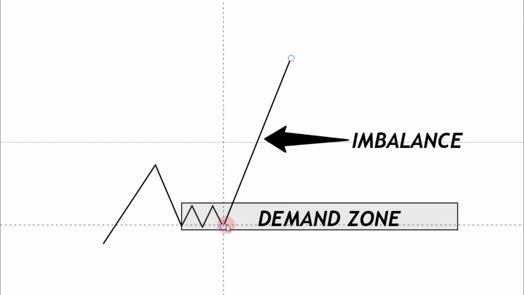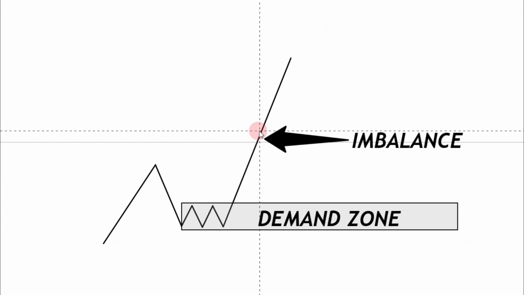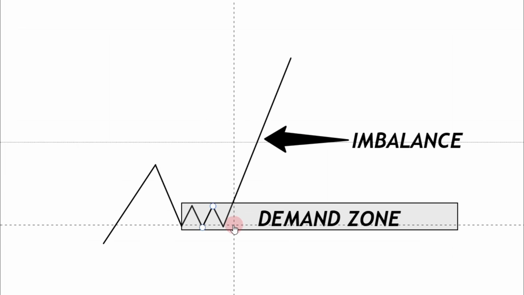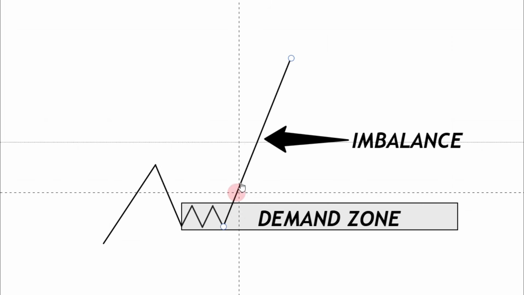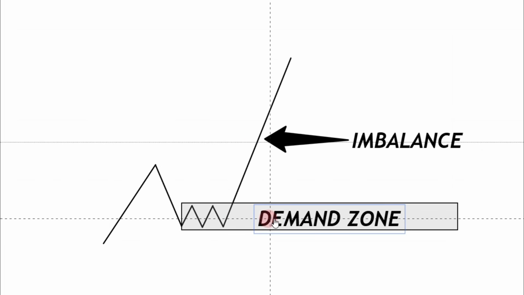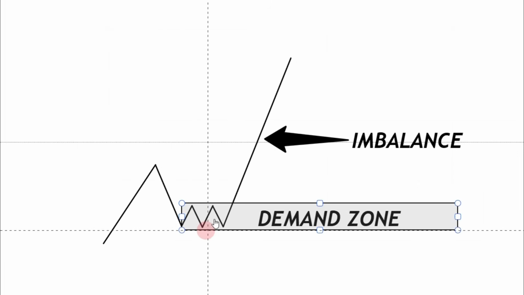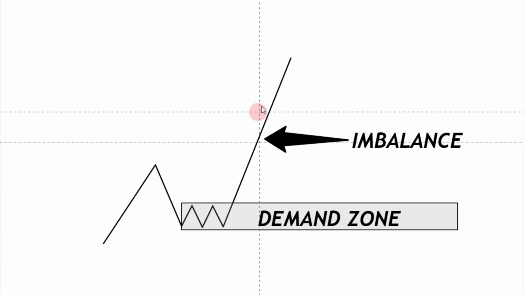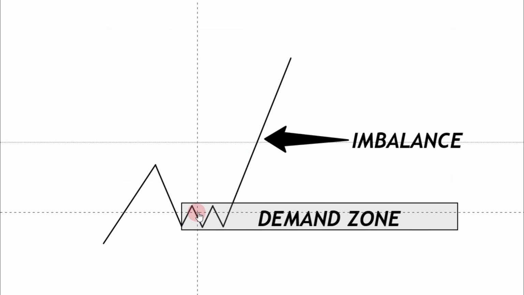When they push price to the upside aggressively, they leave behind an imbalance or a fair value gap. So the region that pushed price to the upside is what we consider a demand zone. The region where the consolidation happened and pushed the price to the upside means the buyers won the war.